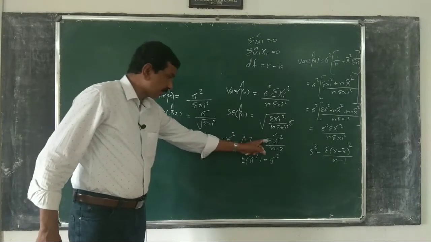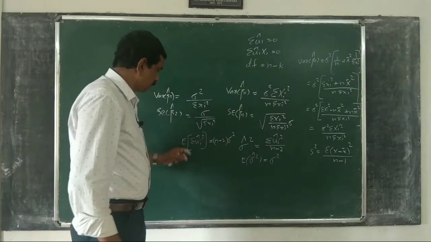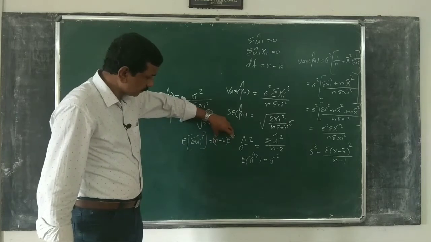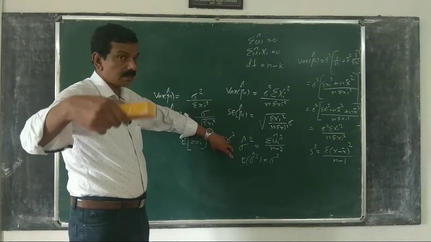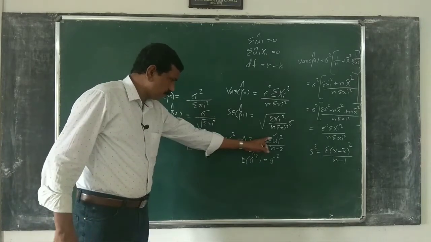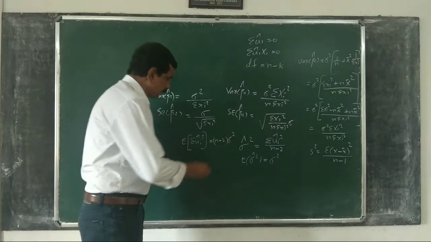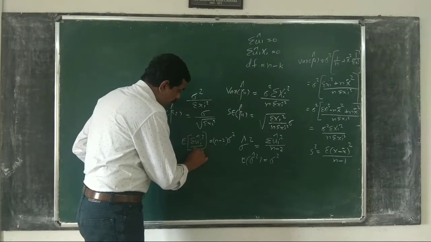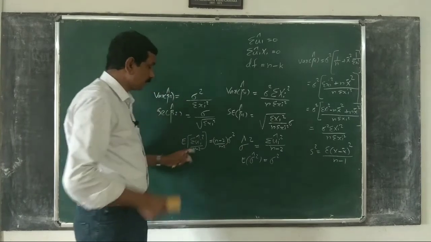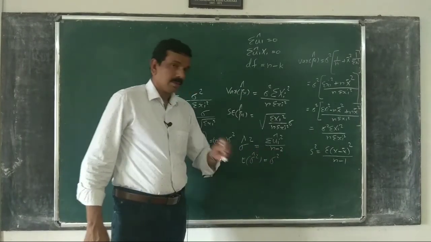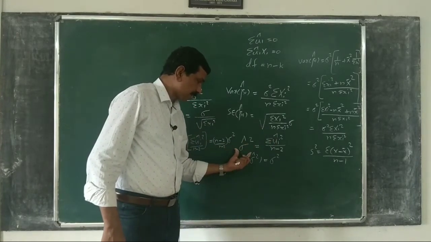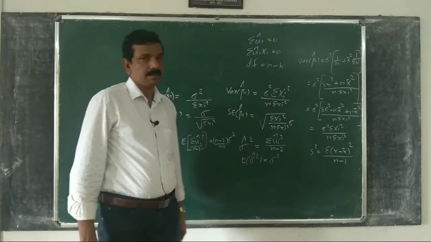A proof of this will be considered when we consider the k variable model. For the time being, remember that the expectation of the numerator is n minus 2 into sigma square. So if you divide here with n minus 2, it becomes sigma square. So division by n minus 2 makes the estimator of sigma square, that is sigma hat square, an unbiased estimator.